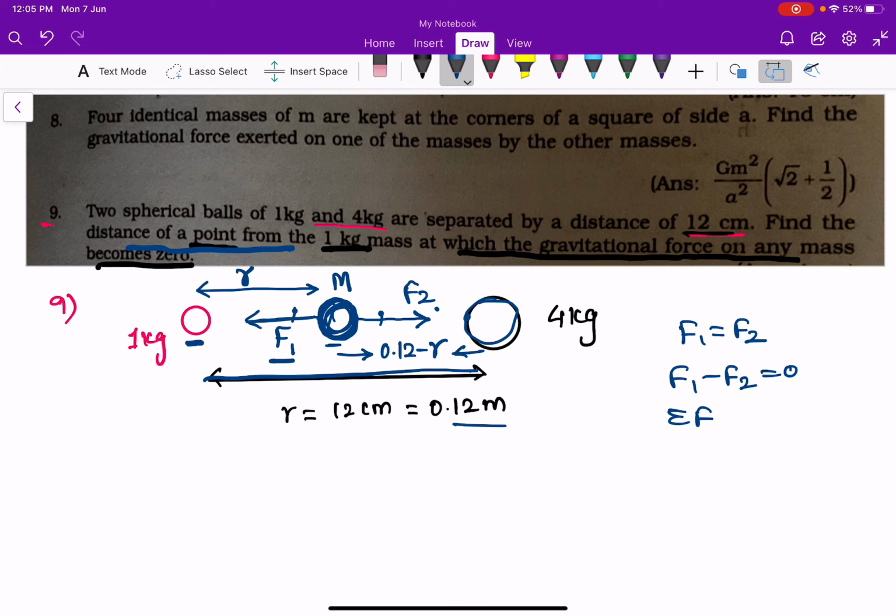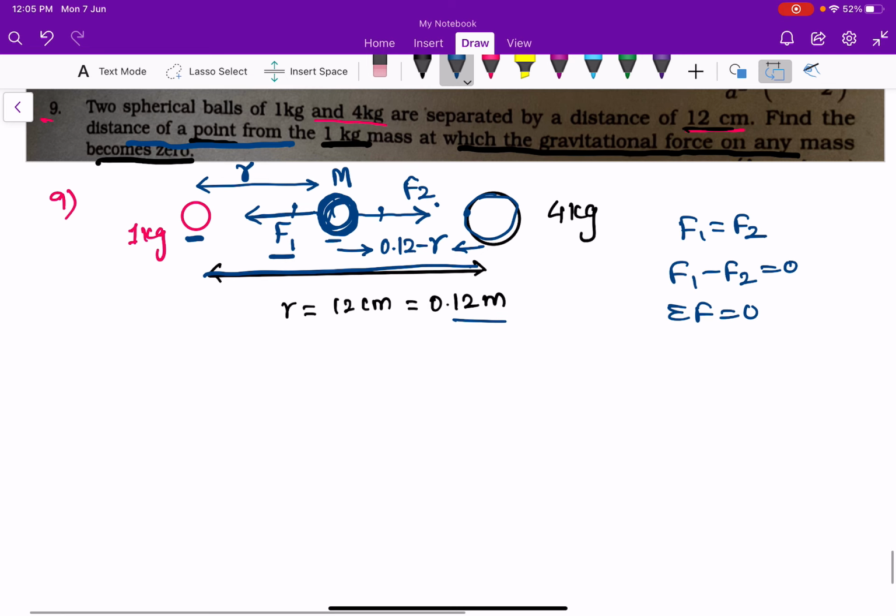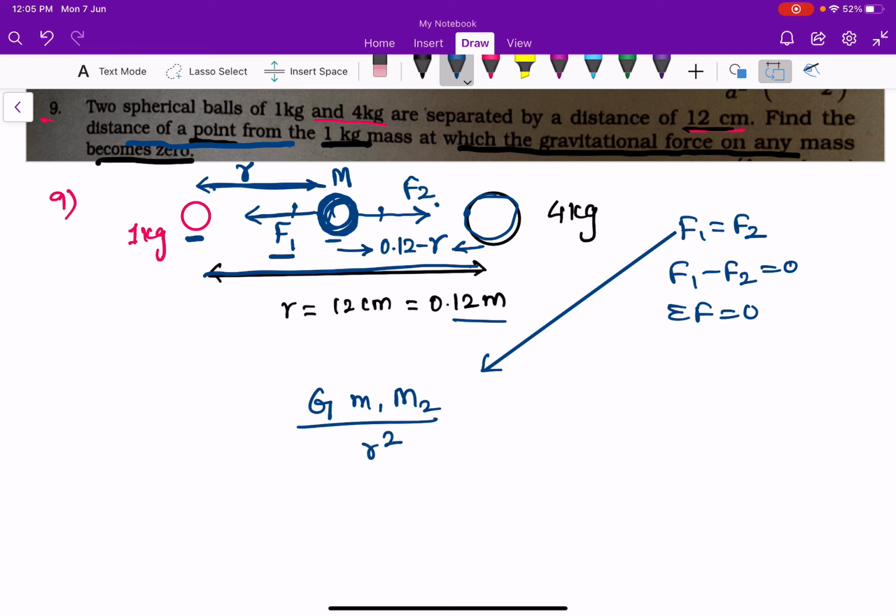That means the sum of forces is equal to 0. So I am writing the F1 value. F1 is nothing but G M1 M2 by the distance between these two, R square.